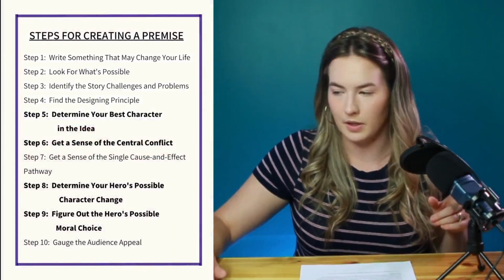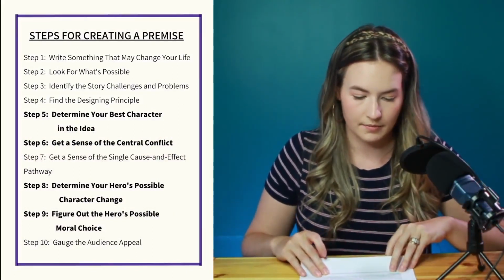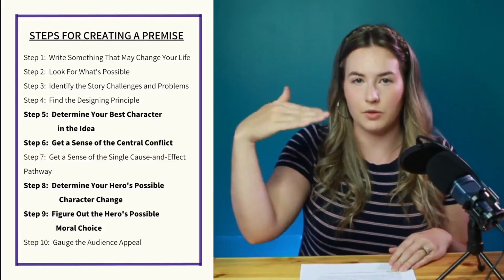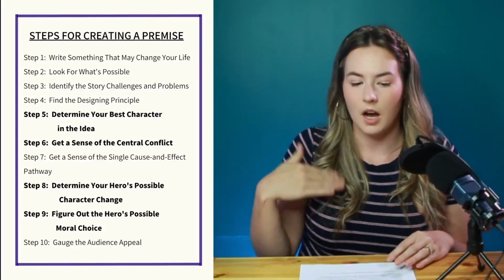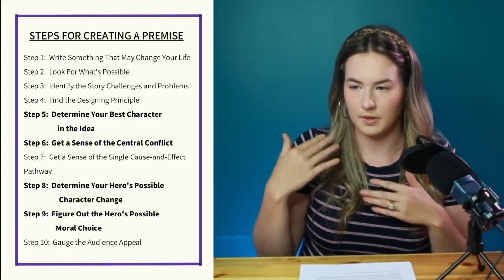Chapter 2 of this book is titled Premise, and he starts taking us through his step-by-step process of creating a premise, where he thinks it starts, and the pieces of it.